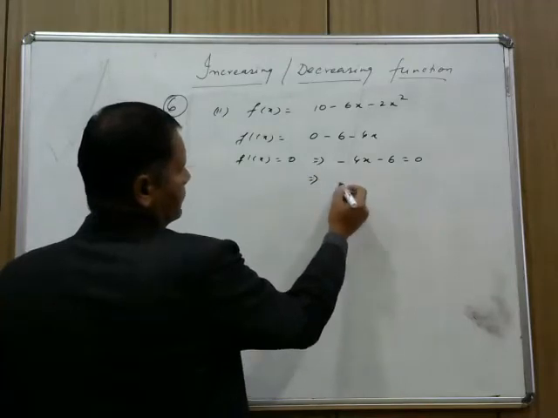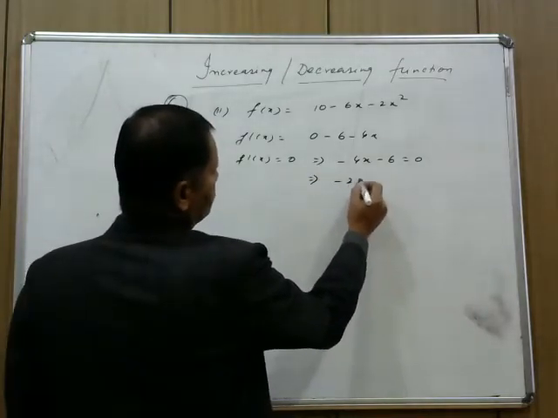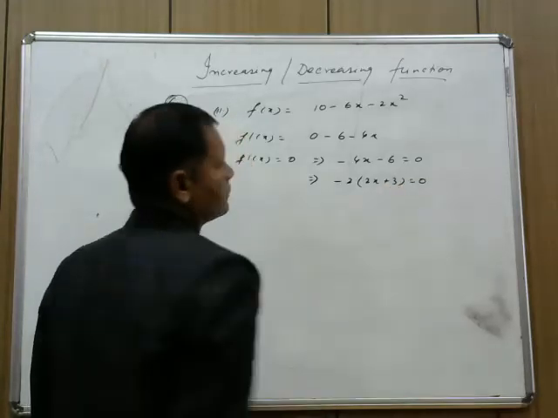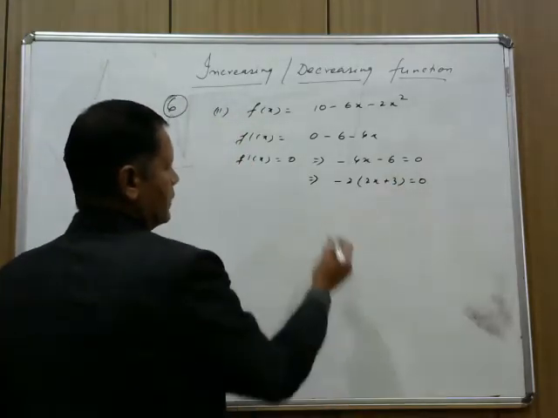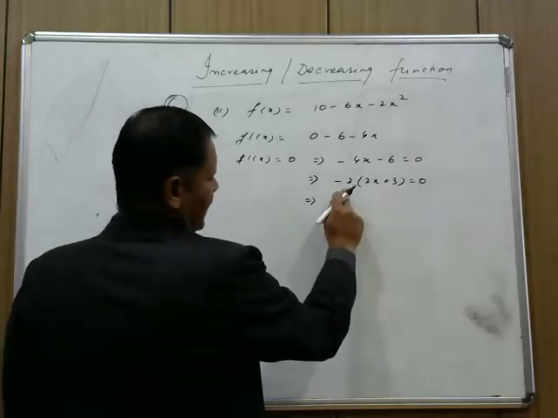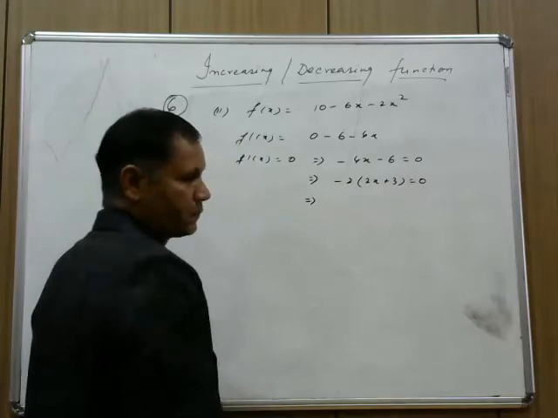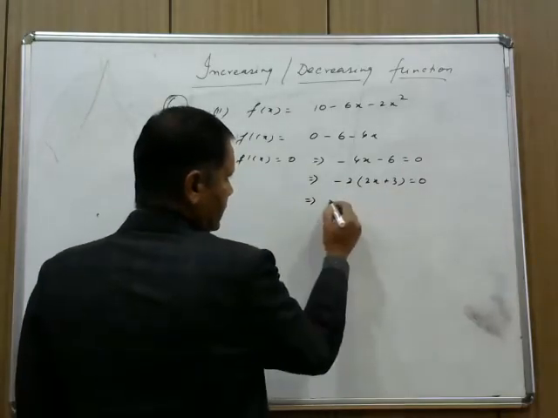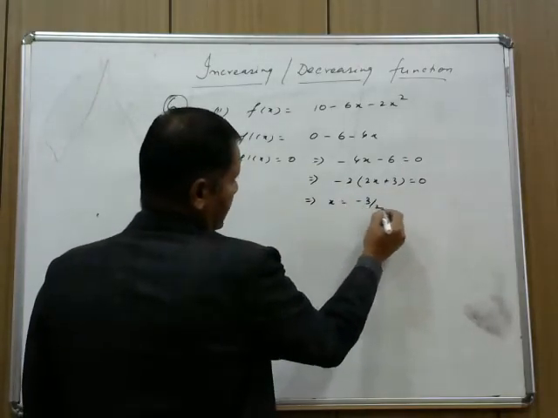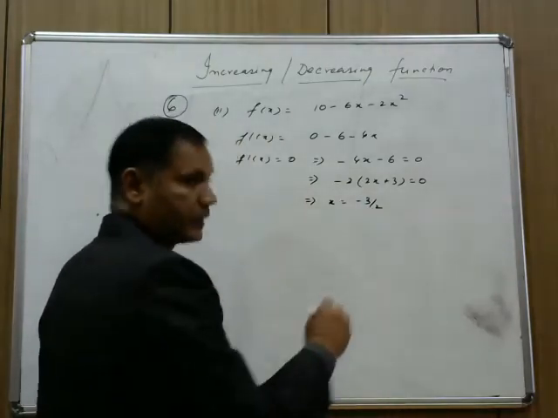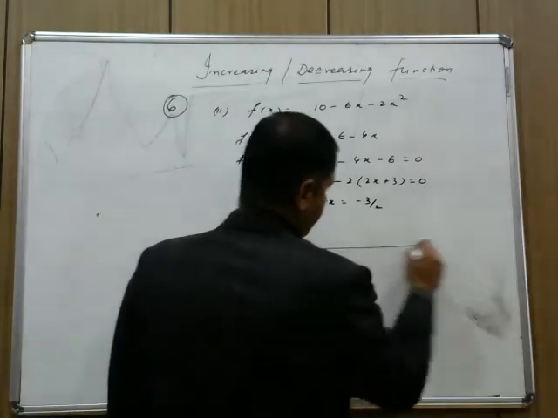Can I write minus 2 into 2x plus 3 equal to 0? That means minus 2 cannot be equal to 0, so 2x plus 3 equal to 0. It implies that x is equal to minus 3 by 2, which is the critical point.